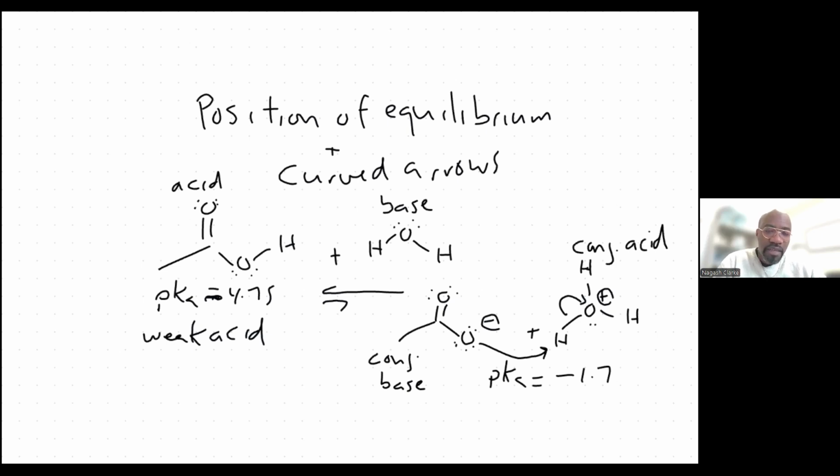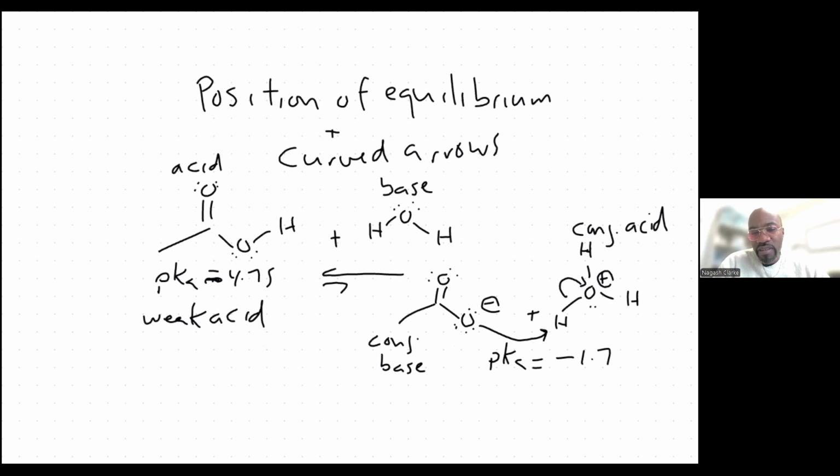So we have our acid, and the base part of the acid is called the conjugate base. So you see the pairs. Those are paired, and then the base and the conjugate acid are pairs. The acid loses a proton and becomes a conjugate base, and the base gains a proton and becomes a conjugate acid.